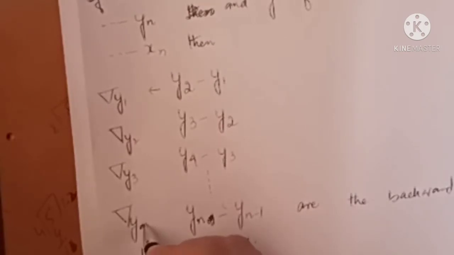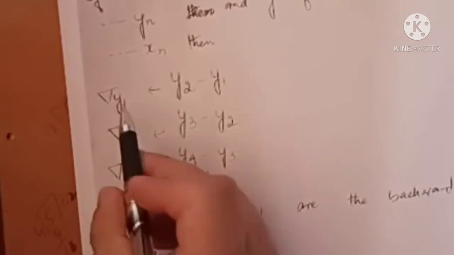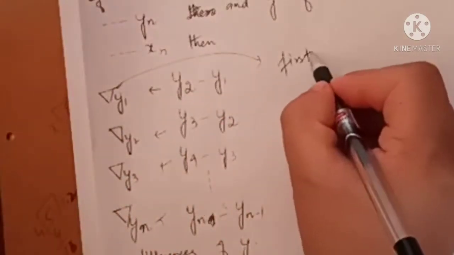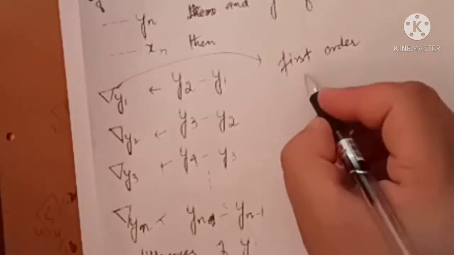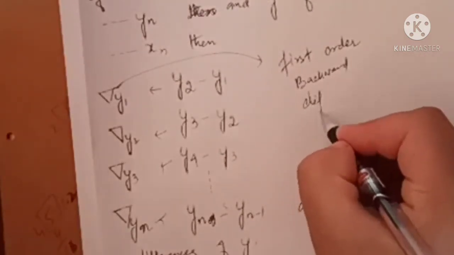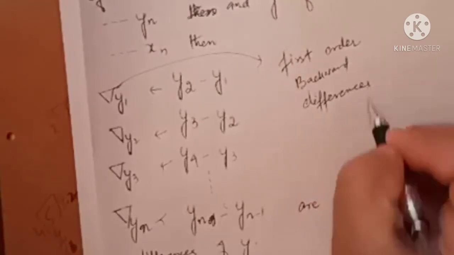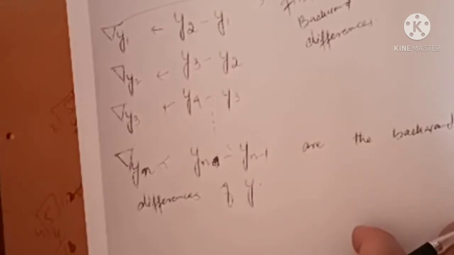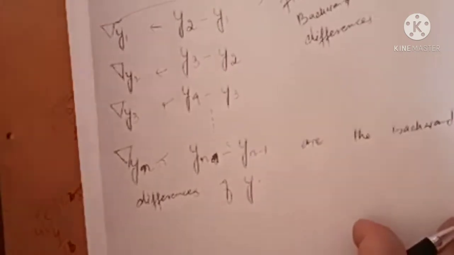So these are called the first order backward differences, like we saw in the forward difference operator.